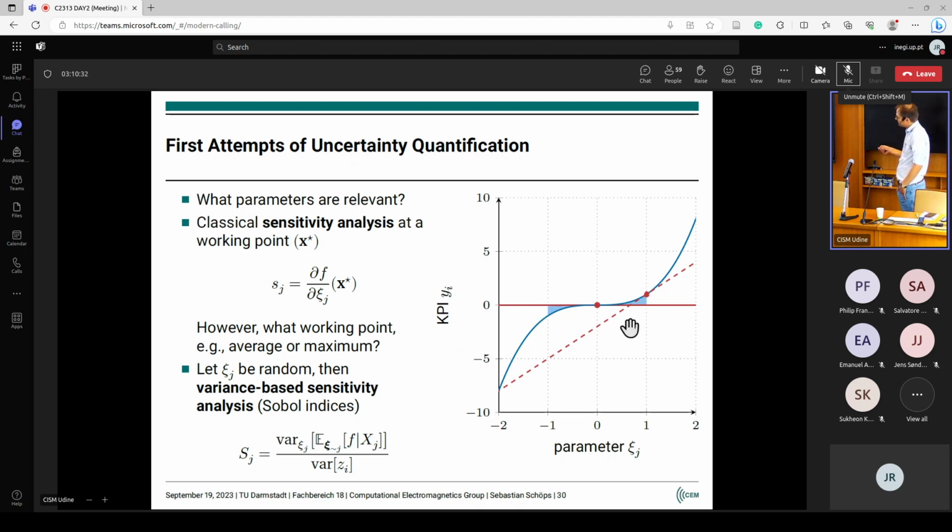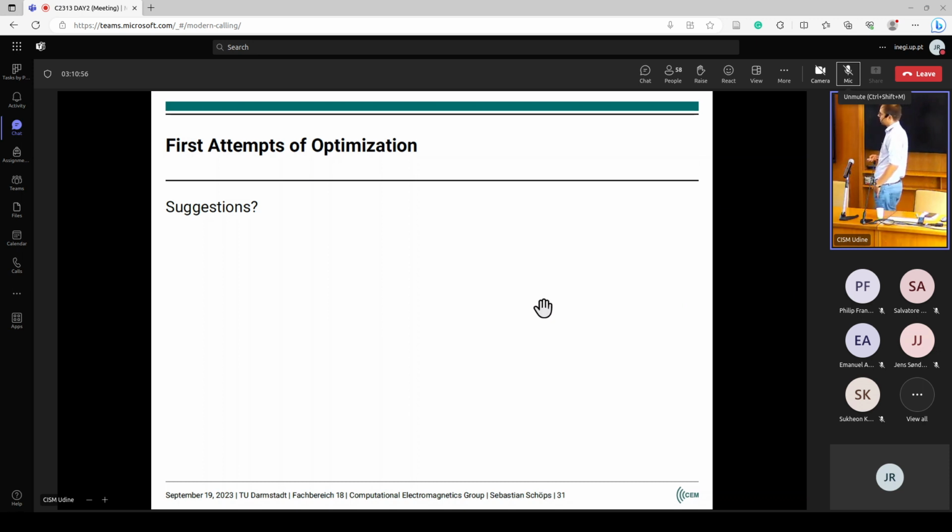This is also indicated in the picture by the blue. The variance computes differences from the mean, so this would measure more precisely the blue area, and would give you a more holistic point of view on how to treat this problem. But eventually, you also see that you have to evaluate this integral, and this means quadrature, and this may be expensive, and this will come later on in the topic.